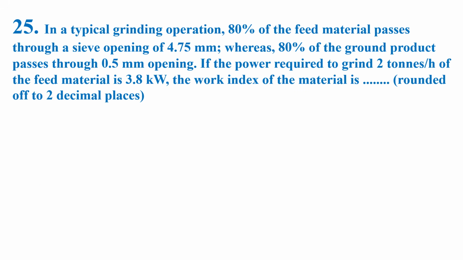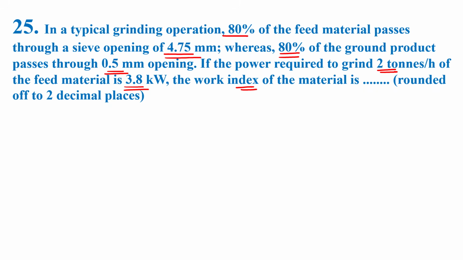Grinding operation: 80% of the feed material passes through the sieve opening of 4.75 mm, 80% of ground product passes through 0.5 mm opening, and the power required to grind 2 tons per hour is 3.8 kilowatts. So we have to calculate the work index.